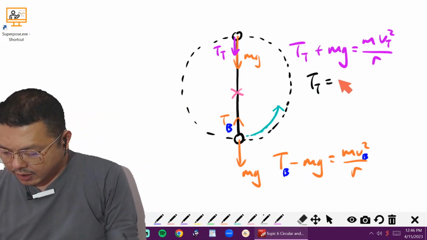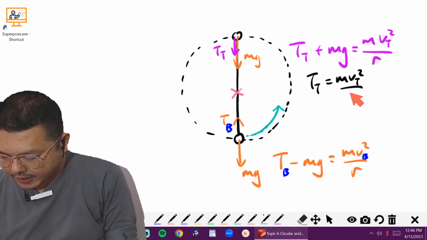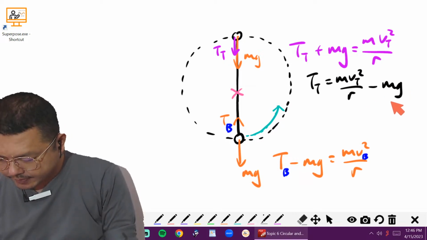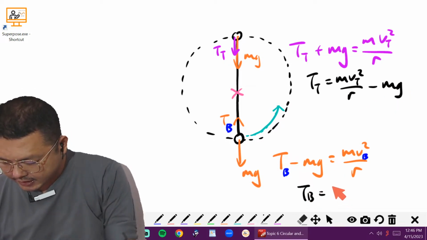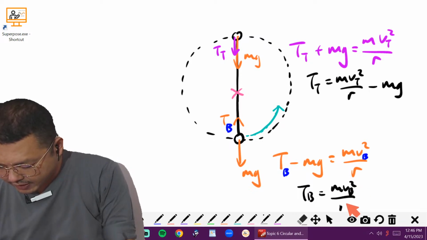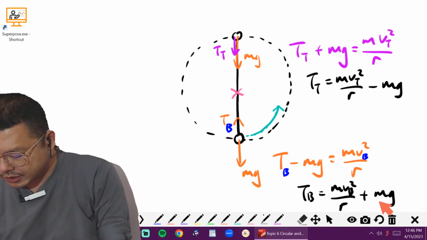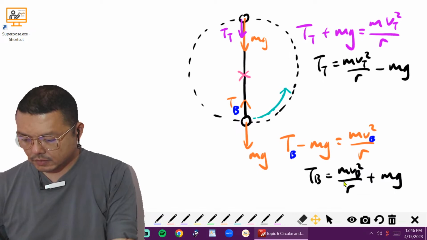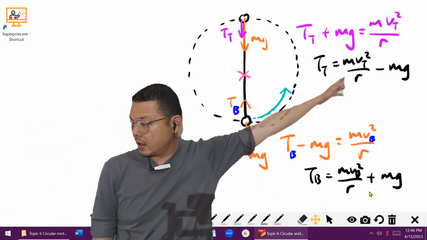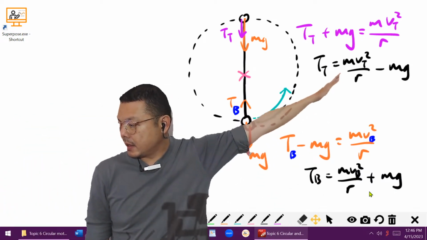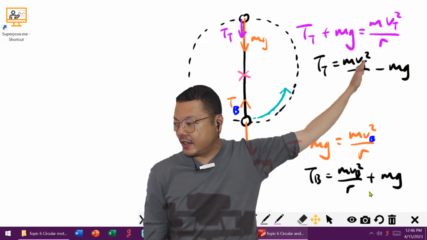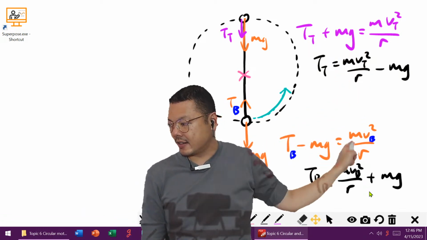So the tension at the top is mvt squared over r minus mg, and the tension at the bottom is mvb squared over r plus mg. Do you see that? At the top, you're taking mvt squared over r, and vt is already lesser than vb.